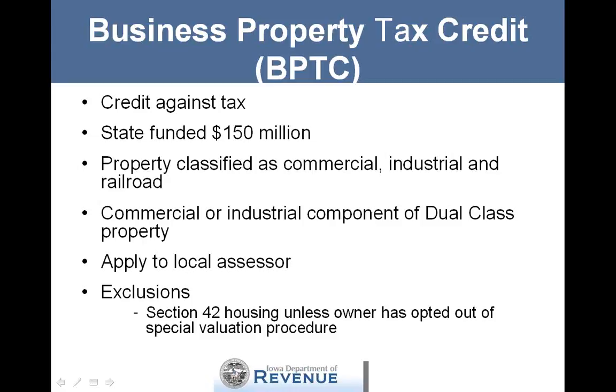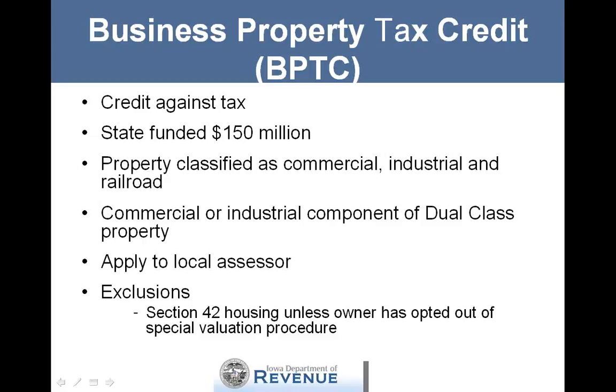This is a state-funded program. There's $150 million in the pool. We're into, I believe, our third year with it. And so that tax credit shows up on the taxpayer statement, and then out of that $150 million, the county is reimbursed for the amount of the credit so that your budgets remain whole.